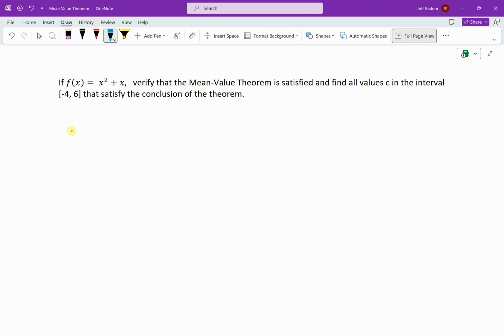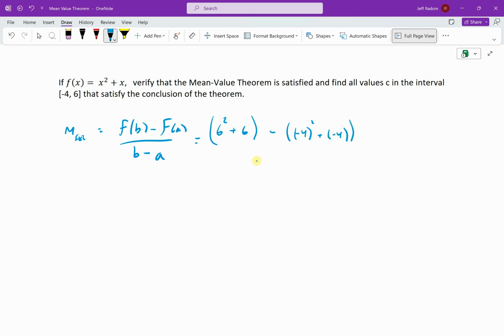Okay, so then let's find the slope of the secant line. That would be f of b minus f of a divided by b minus a, which is f of 6, so this would be 6 squared plus 6, minus -4 squared plus -4.